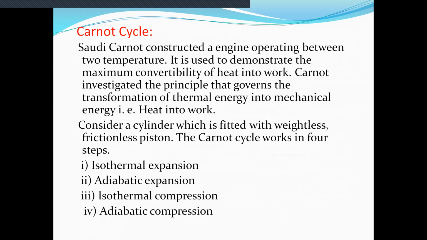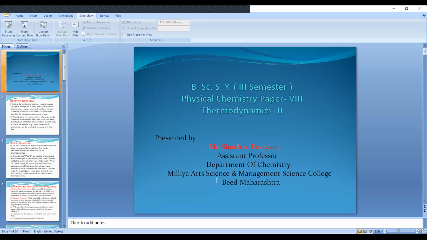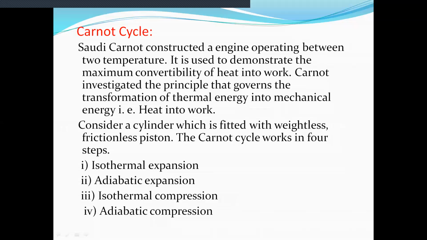We have seen in the last period that the Carnot cycle works in 4 steps. What are these 4 steps? These are isothermal expansion, adiabatic expansion, isothermal compression, and adiabatic compression.